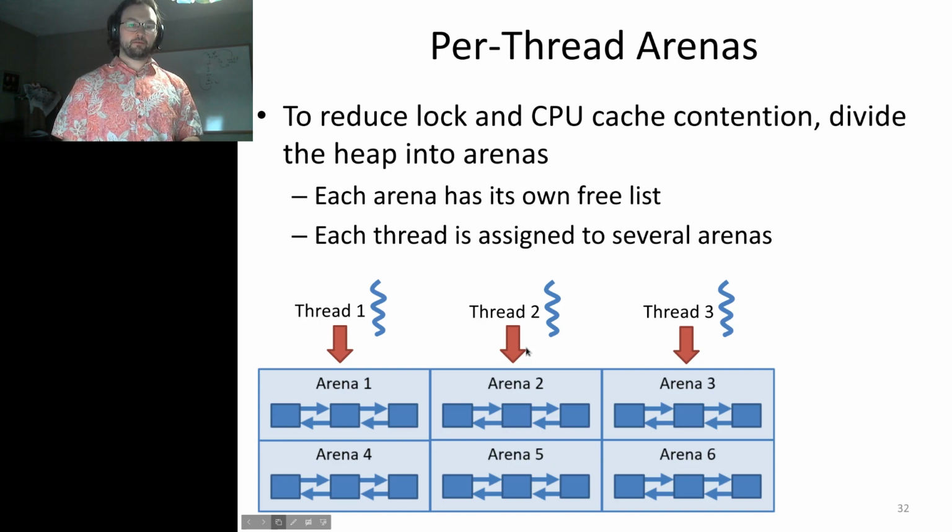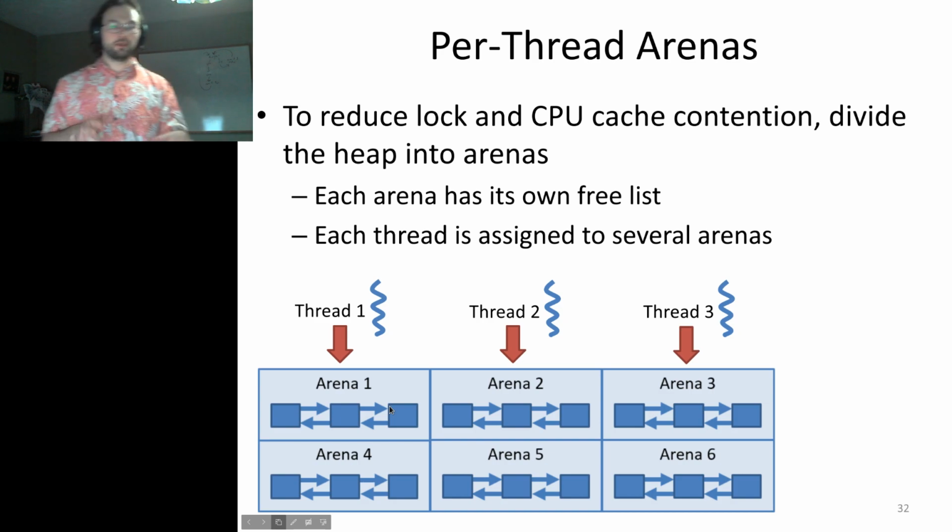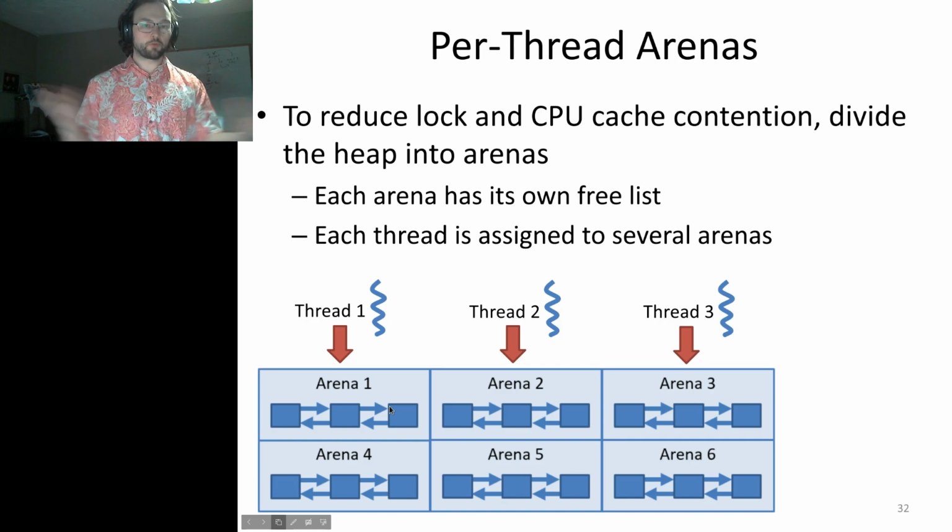So if we have at least as many arenas as we have threads, and we can convince the threads to use different arenas rather than all trying to bunch up and use the same arena, then that can completely eliminate our contention between threads, because they're simply accessing different objects in completely different locations in memory, and so they don't conflict with each other at all. So per-thread arenas or multiple arenas is a good solution.